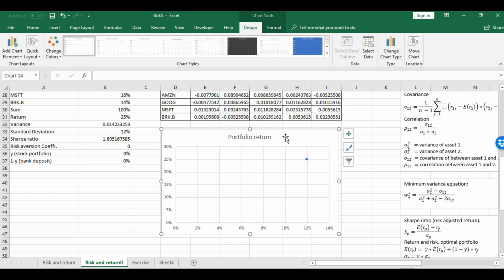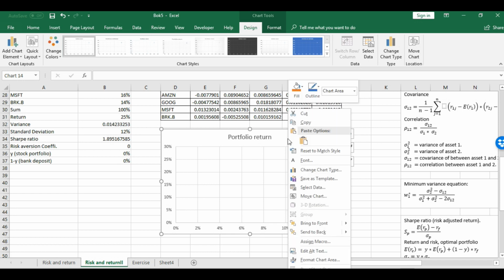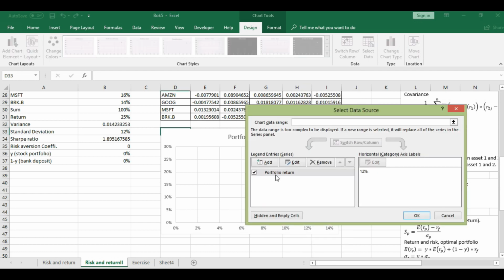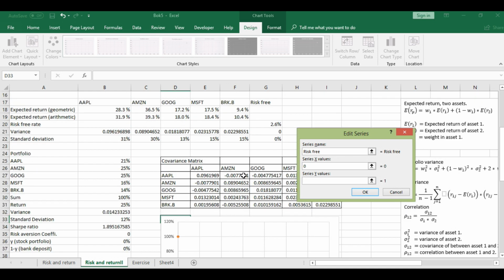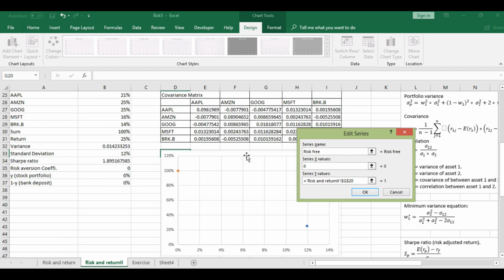We will also include the return and standard deviation of the bank deposit. So right click, select data, add, risk free. The X value, since it's risk free, the standard deviation can be 0, and the Y value will be the risk-free rate 2.6%.